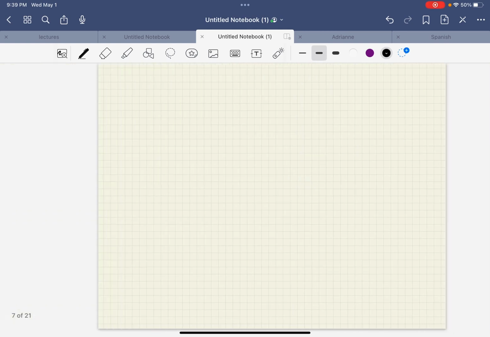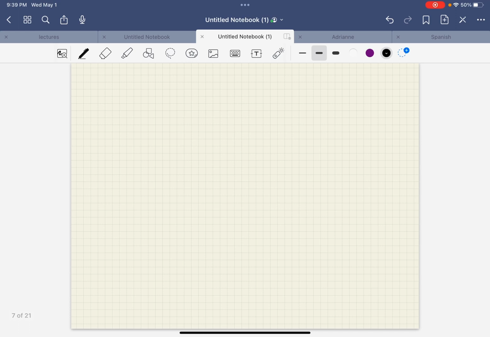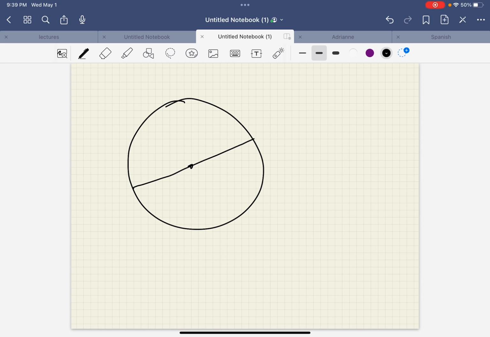Okay, the last thing in this lesson is it's just showing you things about a circle. If you have a line that goes all the way through the circle, and it goes through the center, that's called the diameter. Half of the diameter is a radius. That's an R, and R is radius.